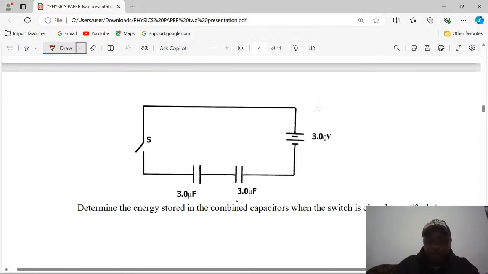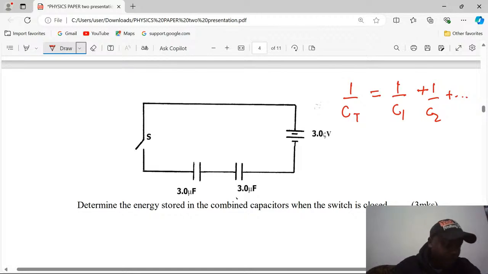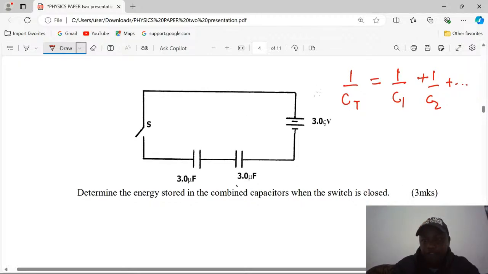So what we can do first is to calculate the effective capacitance, and you can see that the capacitors are in series to one another. We usually say that for capacitors in series, the total capacitance is given by 1 over the first capacitance plus 1 over the second one, and the addition can continue until we add the reciprocal of the last one.